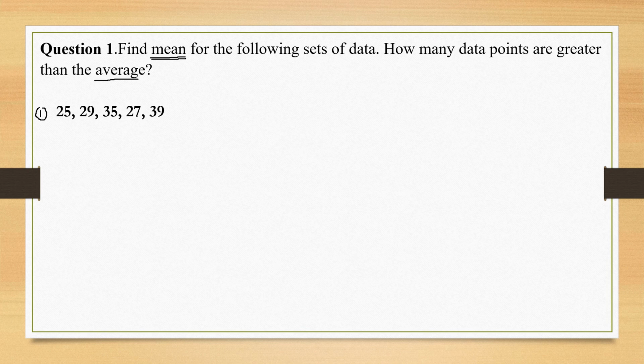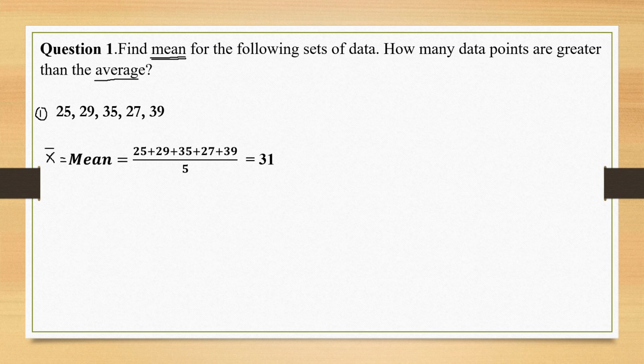Now in question number one, data is given 25, 29, 35, 27 and 39. So now for this data we will find out mean. Okay, so how to find out mean? We call it arithmetic mean, or simply we call it mean, and it is represented by this notation.